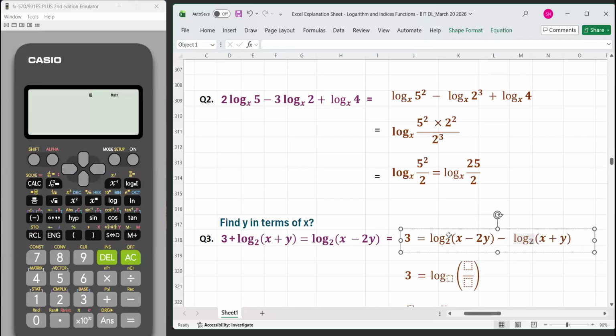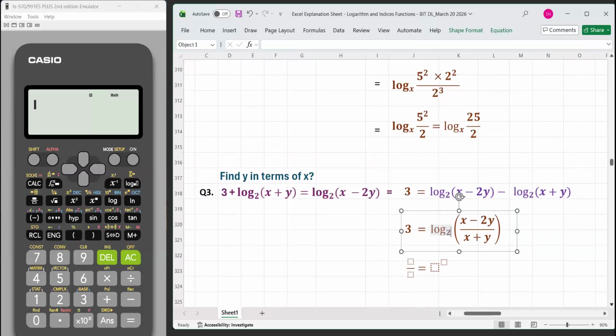Okay, now what do we do when logs are subtracting? Do you remember? We divide. Okay, so it means the numerator here becomes x minus 2y divided by the denominator x plus y. Okay, all to base 2. At this stage, how do I get rid of the log? I don't want to see log again.